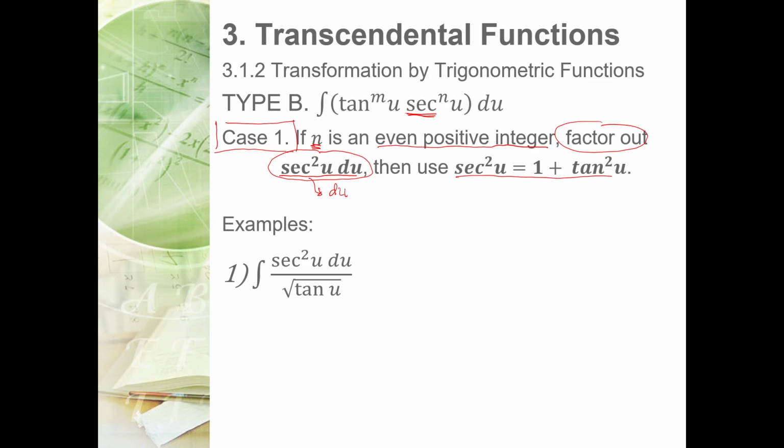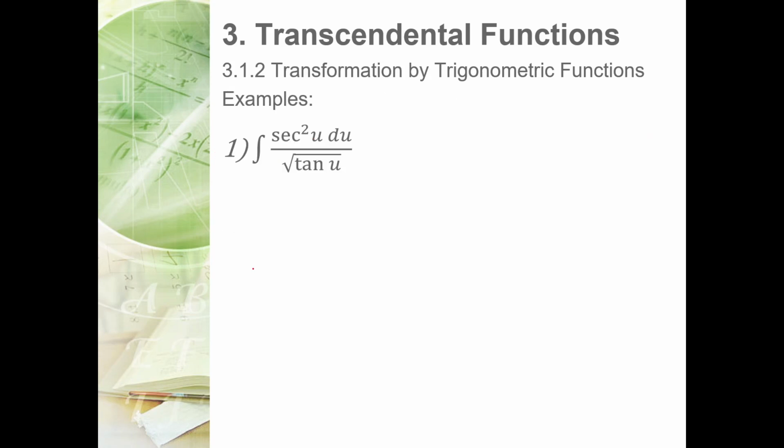Okay. So trying example number 1. So again, if we try to write our steps, so n being the exponent of the secant function should be even and positive. So next is we factor out secant squared u du, diba?